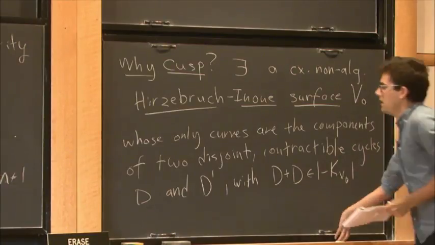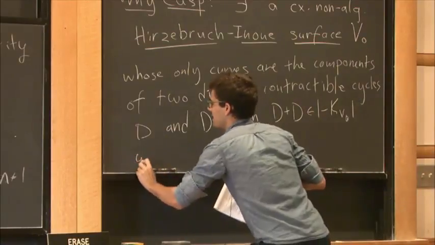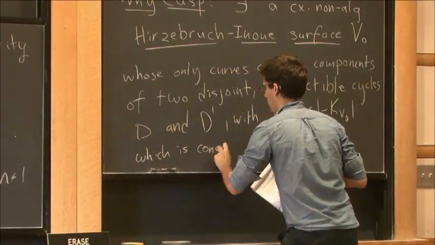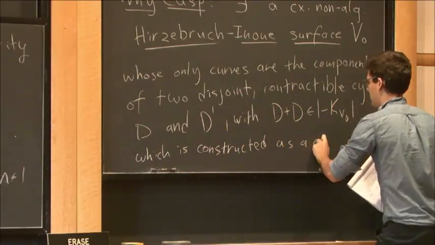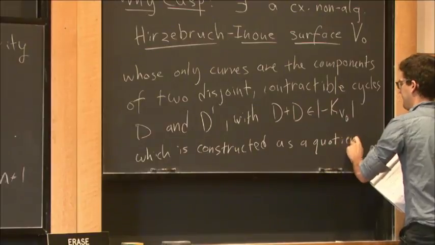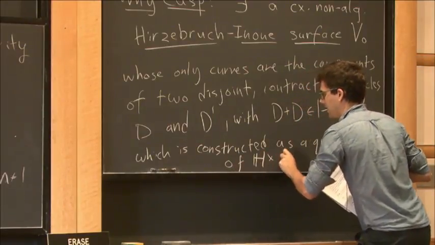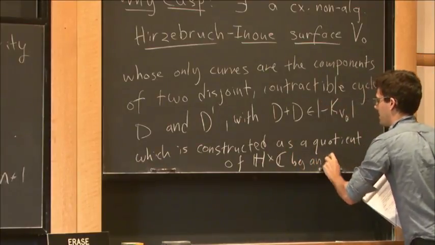And I still haven't said why cusp, which is constructed as a quotient of H cross C, the upper half space cross C, by an arithmetic group.